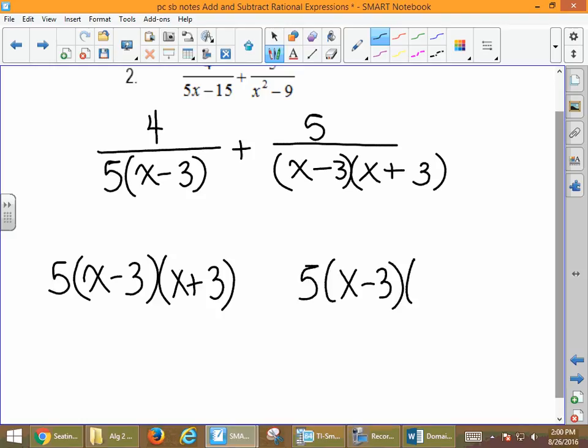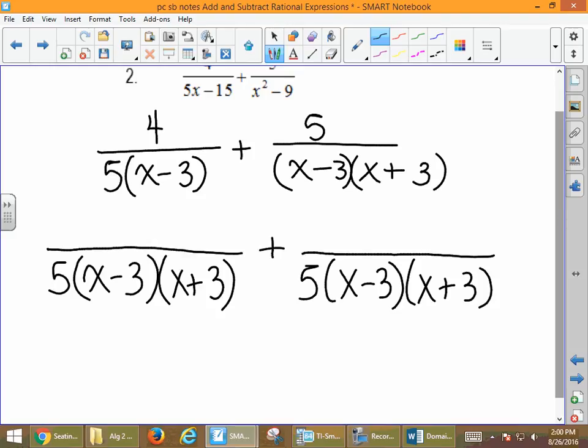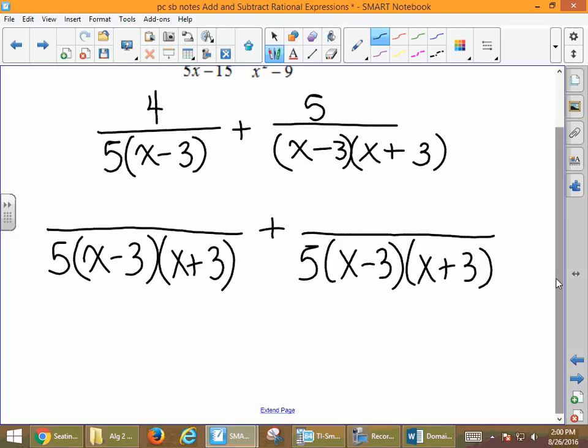5 times the quantity of x minus 3 times the quantity of x plus 3. And we're going to be adding those together eventually. But now that we have the common denominator, remember, we don't add anything there. We're going to add the numerator and keep what we have in the denominator. But then the next part is we need to determine what's going to go in the numerator. What's going to go in that top of that fraction?